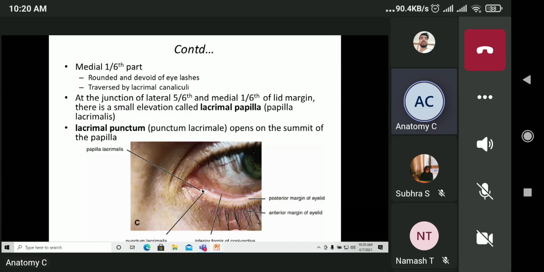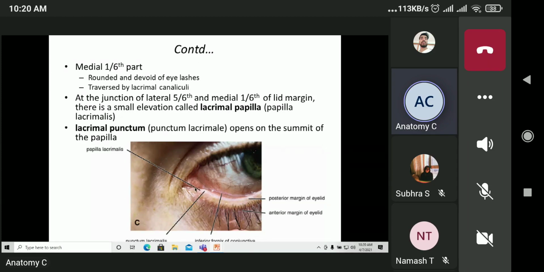We have discussed this. At the junction of lateral 5/6 and medial 1/6 of this eyelid, you can get a small elevation. This is called the lacrimal papilla, where the lacrimal punctum opens on the summit of the papilla. We have discussed this before also.